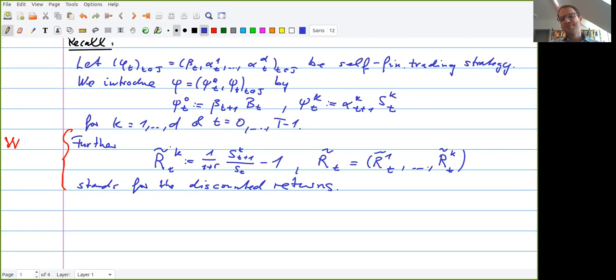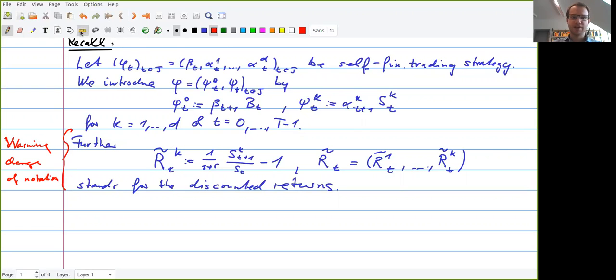I only consider the discounted one, so it would be more convenient to drop it, since it's less notation, but unfortunately I defined the R already to be the undiscounted return, so I want to add here the tilde. So warning, change of notation.